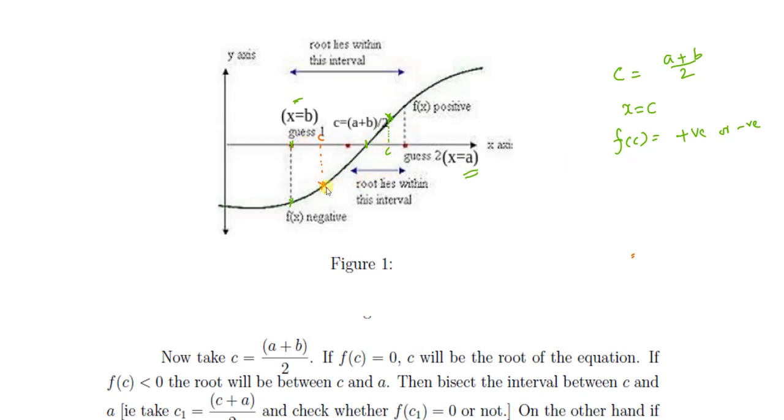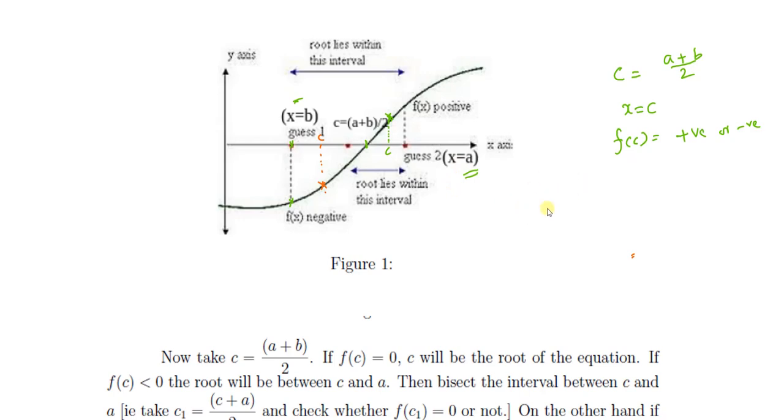If f of c is negative, you can conclude that the solution is now between c and a. So if f of c is positive, you change the value of x from a to c. So you put c is equal to a.